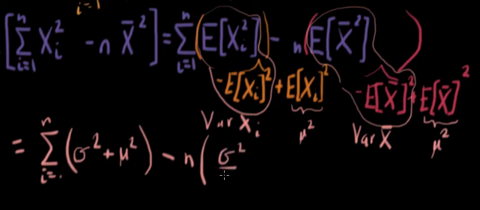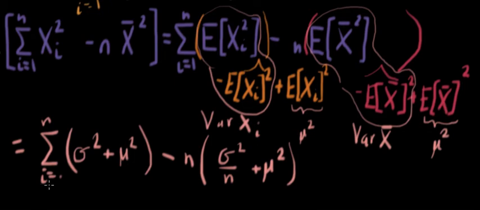Or not over 2, I misspoke there, over n, rather. And plus mu squared. These don't change with the i's, so those are just being added n times, so we get n times all of this.